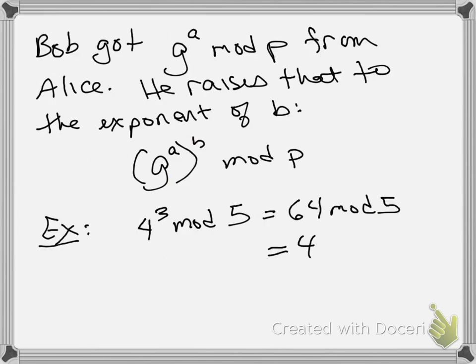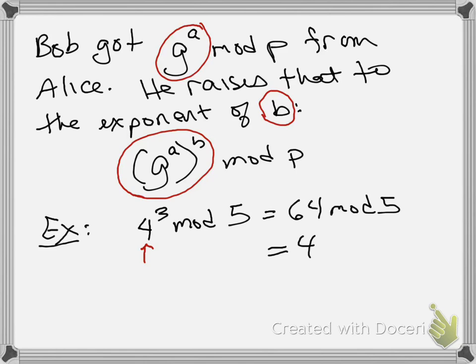So Bob got g to the a mod p from Alice. He uses his secret exponent of b. And so he takes the result from Alice, which is g to the a, raises that to the power of b, and then reduces it mod p and sees if he gets the same value. Now remember that the number that Alice sent to Bob, which was g to the a, was 4.